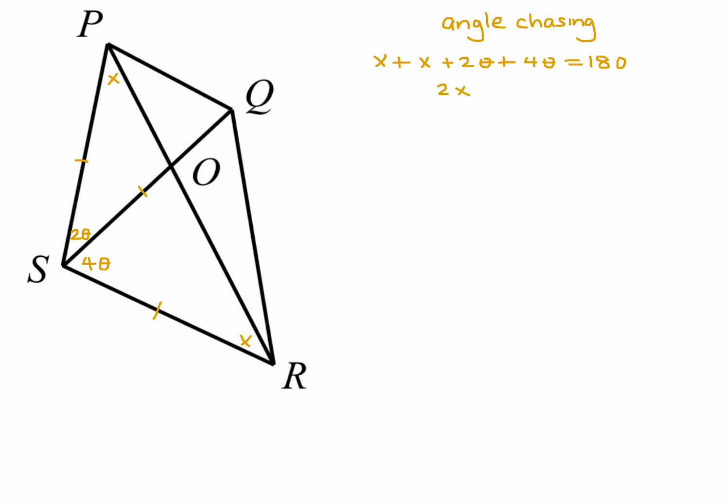So that means 2x is equal to 180 minus 6 theta, and therefore x is equal to 90 minus 3 theta. Okay, I'll put that in here, 90 minus 3 theta. And this one also, 90 minus 3 theta. Let's keep going here. We got quite a few angles to get. So where do we go next?